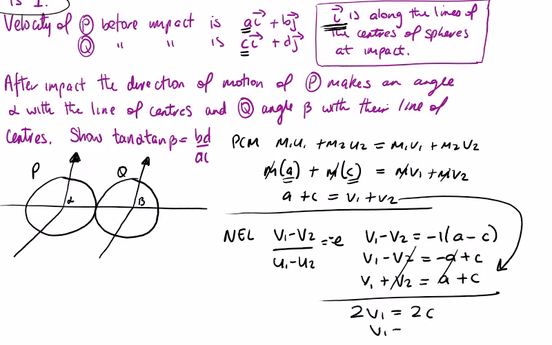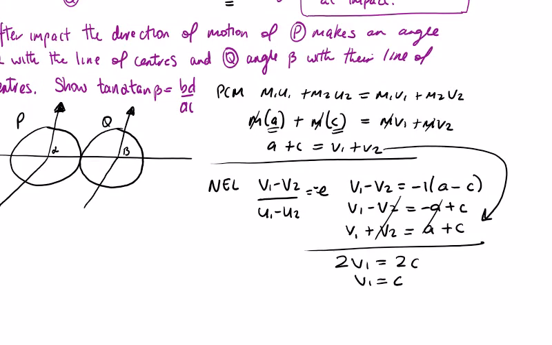So V1 is equal to C, which would mean that V2 would have to be equal to A.